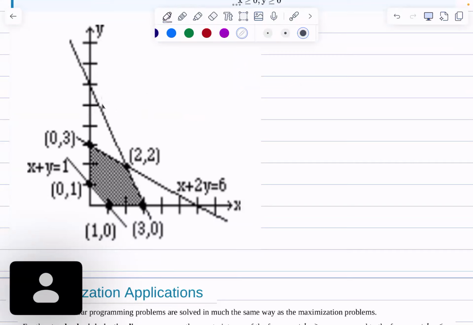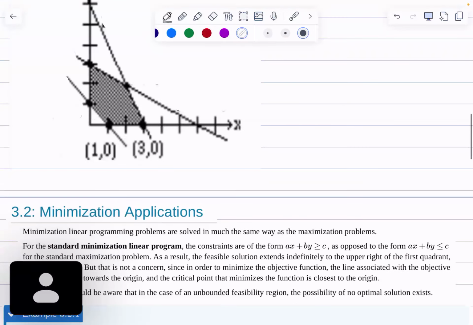Imagine that these equations are not on here, and obviously the vertices. I guess I should have done this in your handout. Oh well, can't win them all.